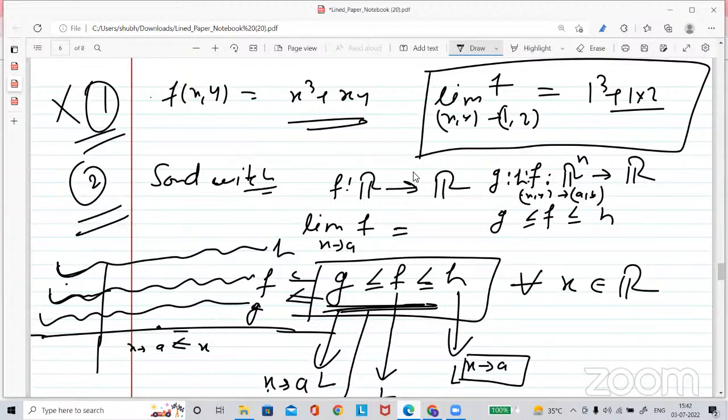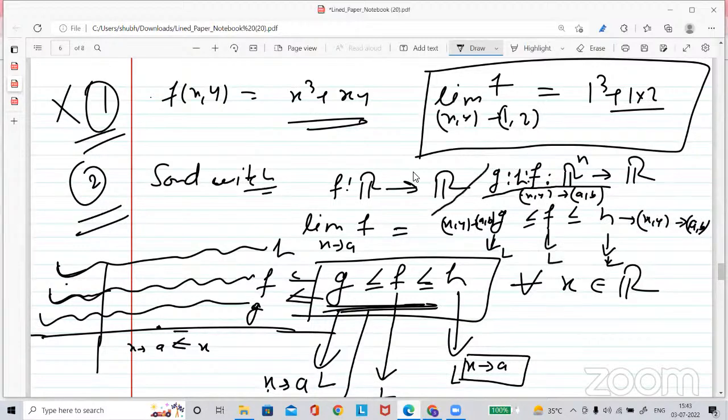Suppose we are able to find g and h like this, and the limit of g is L when (x, y) goes to (a, b), and the limit of h is also L when (x, y) goes to (a, b), then the limit of f is going to be L also.